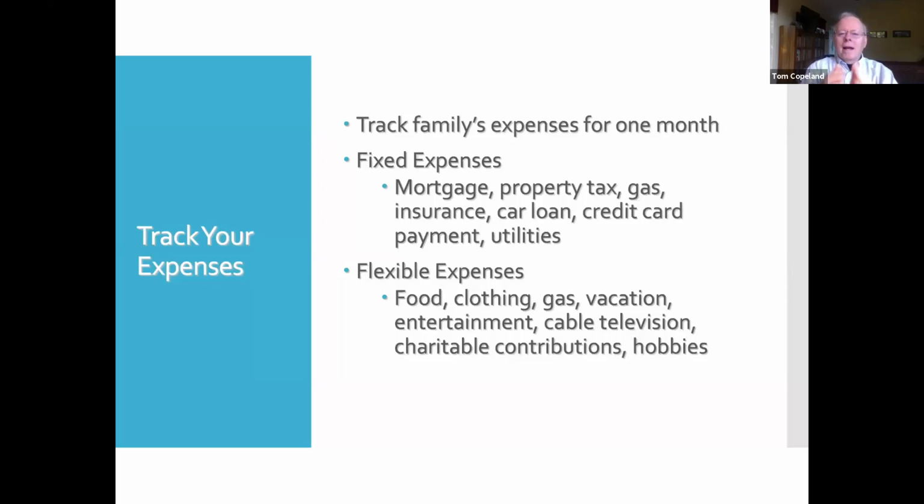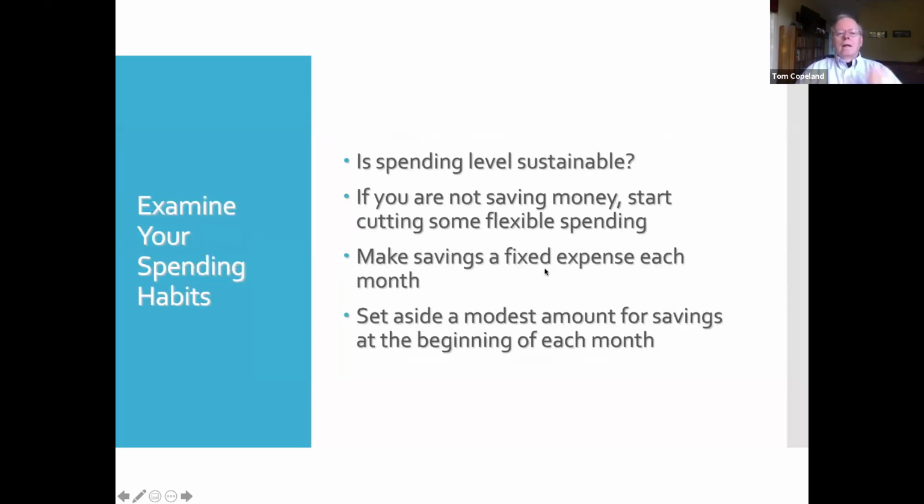And that's something that I would try to work on to reduce some fixed expenses so you'll have more money to save. You also want to look at your spending, because if you're spending more than you are earning, that may be true for a month here or there, but you can't sustain that. So you need to take a little more drastic action to reduce your spending in that case.